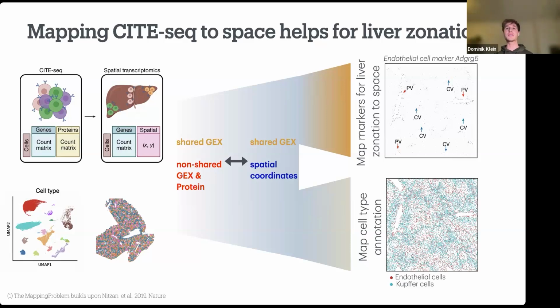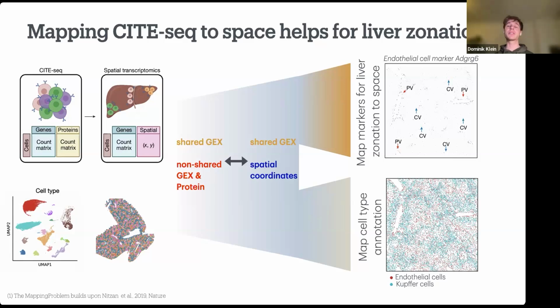So the intuition again is for the quadratic term, the Gromov-Wasserstein part: cells which are close in gene expression space and protein space should also be close in space. And this helps us for two use cases. First of all, we can map markers which are not captured by the gene panel. In that case, we do have this marker ADGRG6, which is a partial lean marker, which is relevant for levizonation, and hence it helps with the task of levizonation.